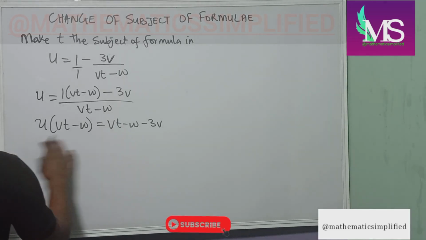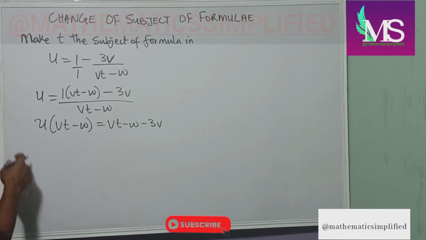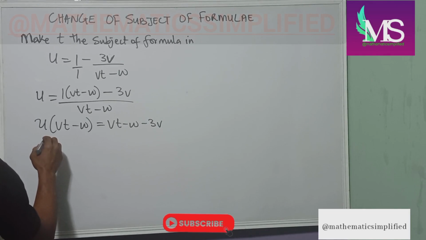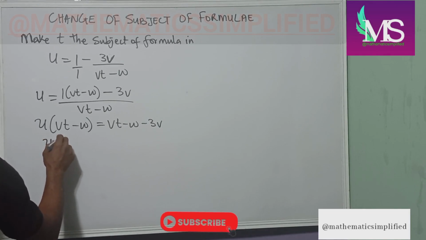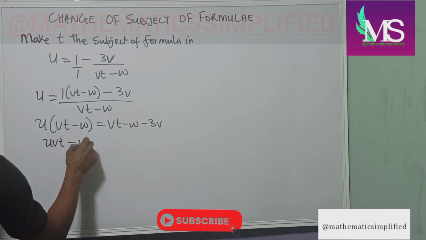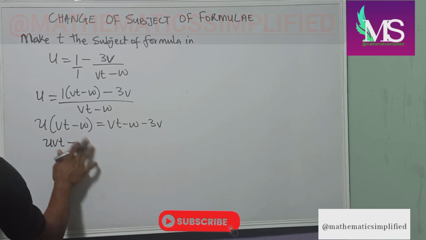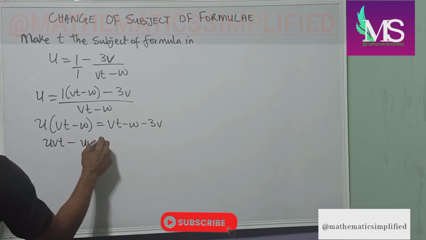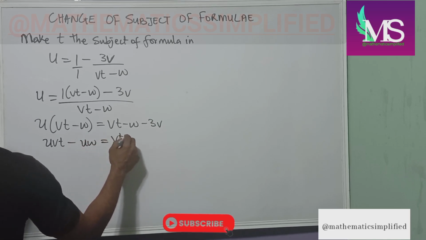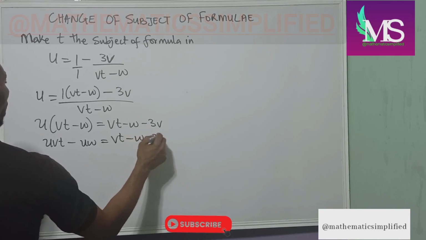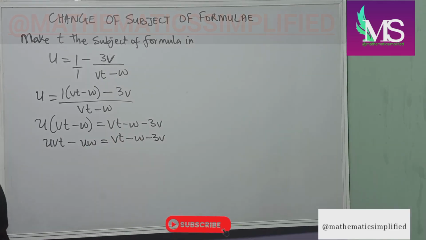Okay, so collecting like terms here and opening up this bracket, we have uvt minus uw equals vt minus w minus 3v. So from here we collect like terms.